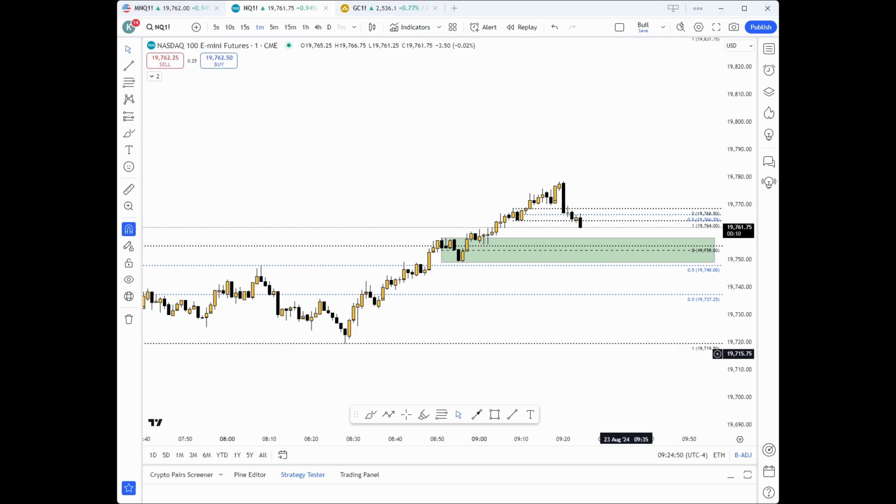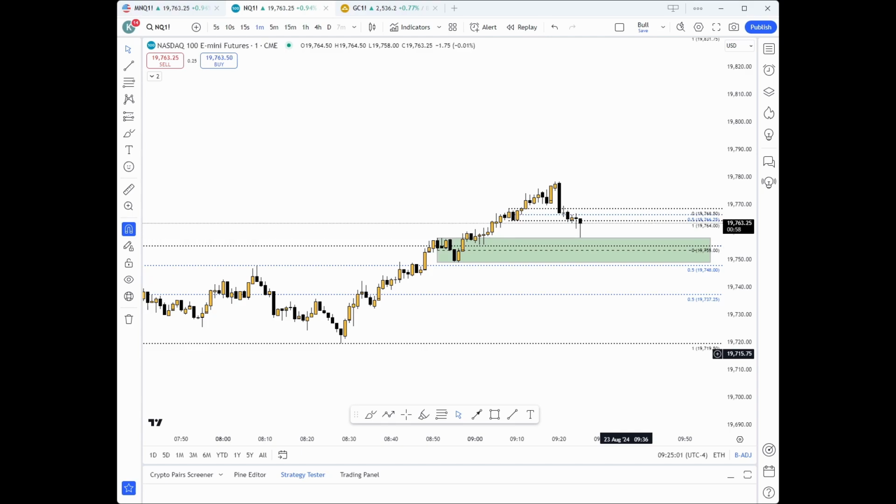925 candle coming in, 10 seconds. Really, is that all you're going to give us here?